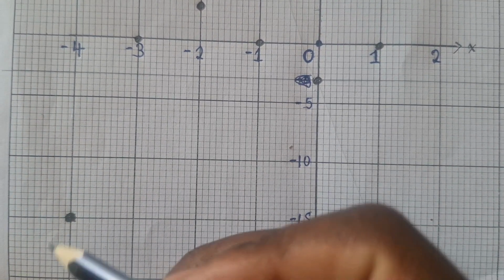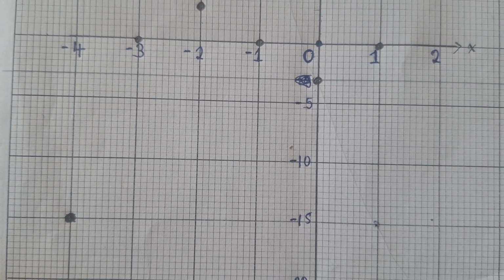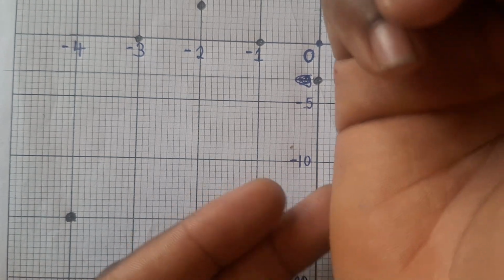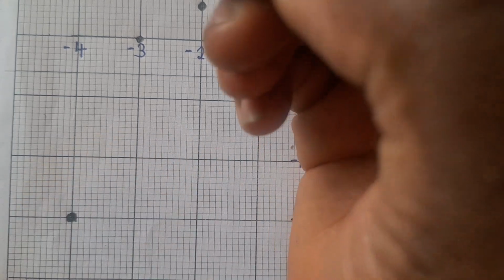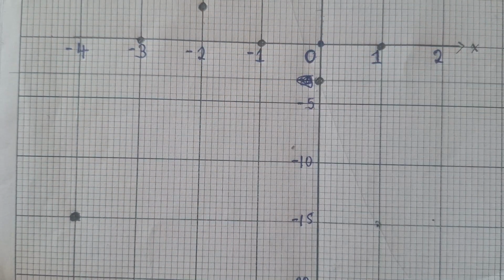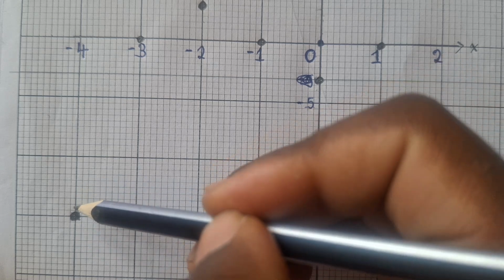So now this is where you are missing it when joining the points. When joining the points, put your ruler here, and hold your pencil up somewhere here so that you're able to see.